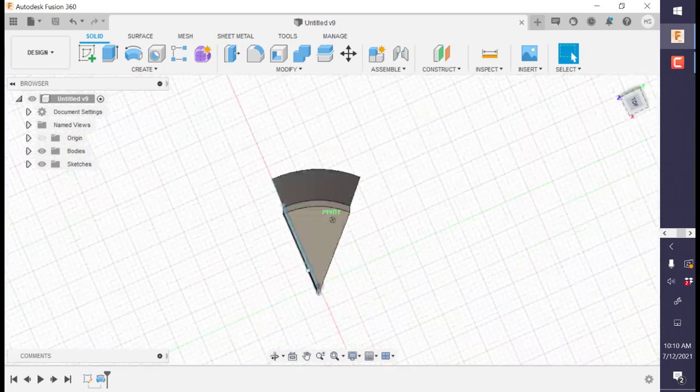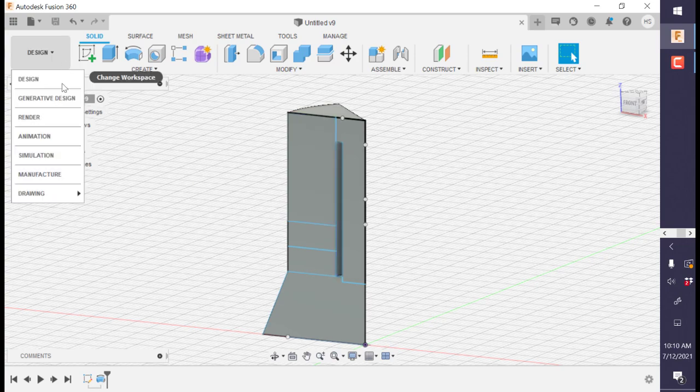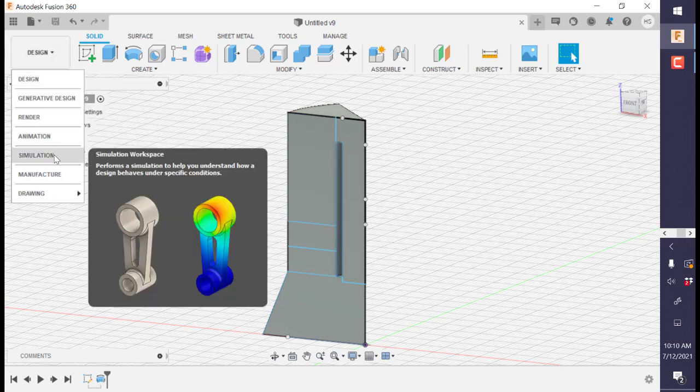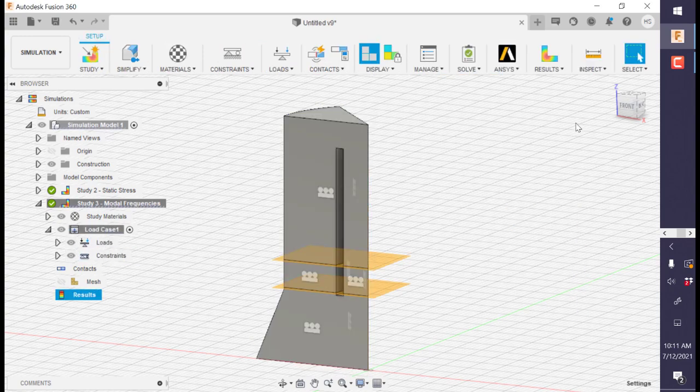I only revolved it partway in order to simplify the simulation. So we'll go ahead into the design, the simulation function, and we're going to first start looking at modal frequencies. But before that, I'll just go into the model real quick, and I'll describe what I did here.